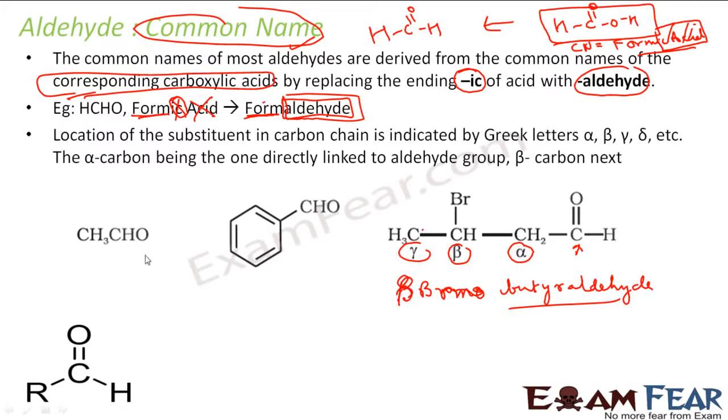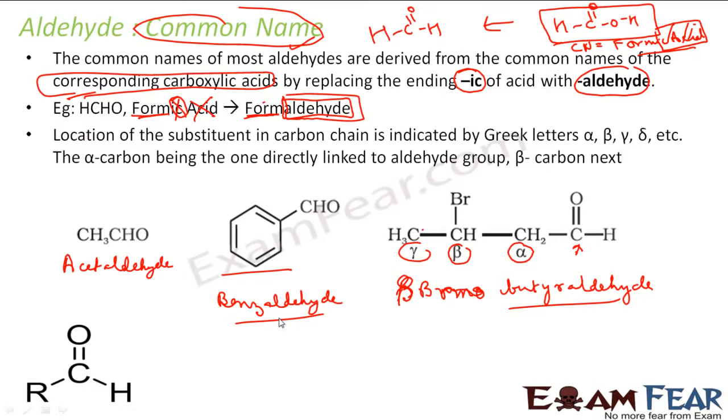Similarly, for this CH3COH, this is derived from acetic acid, so it will be acetaldehyde. This is derived from benzoic acid, so it is benzaldehyde. It will be more clear when we discuss carboxylic acid's common names.